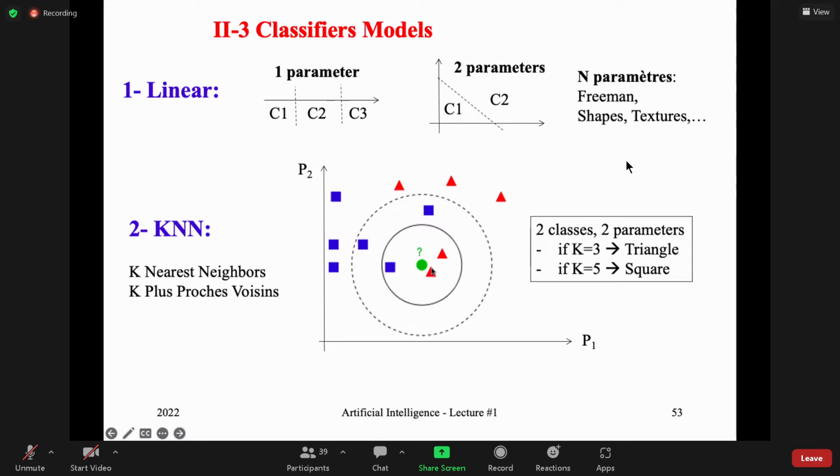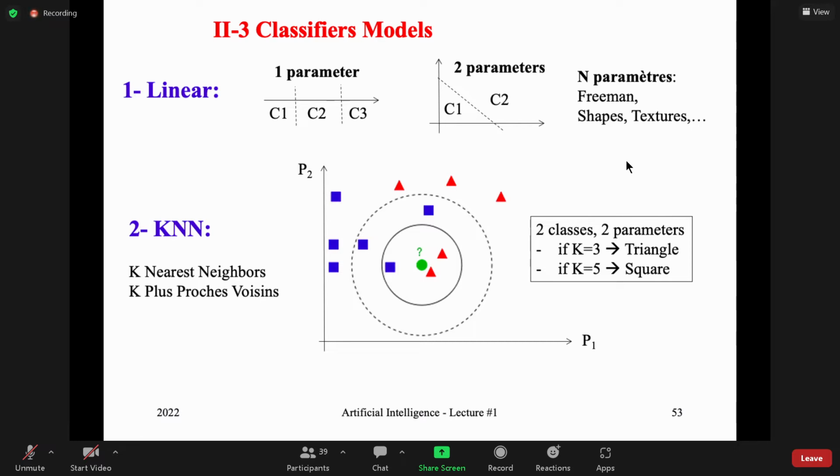So what do we do is to use the first solution. So K should be, for example, 3, 5, 7, and so on. Okay, and in fact, we can look from this position and select the 3 nearest neighbors.